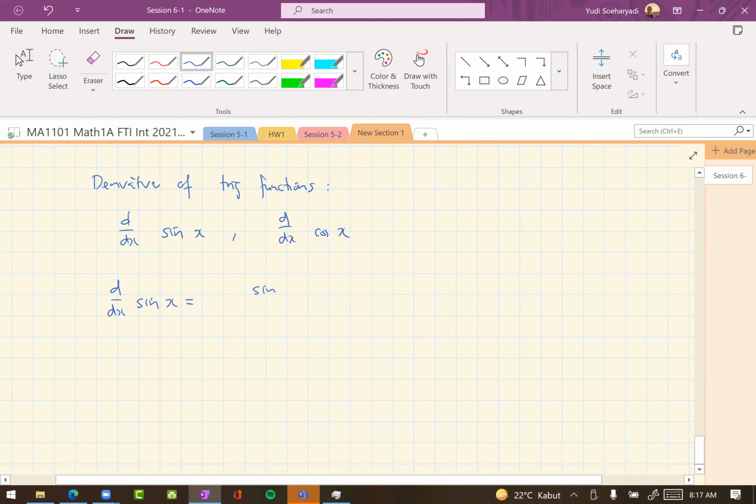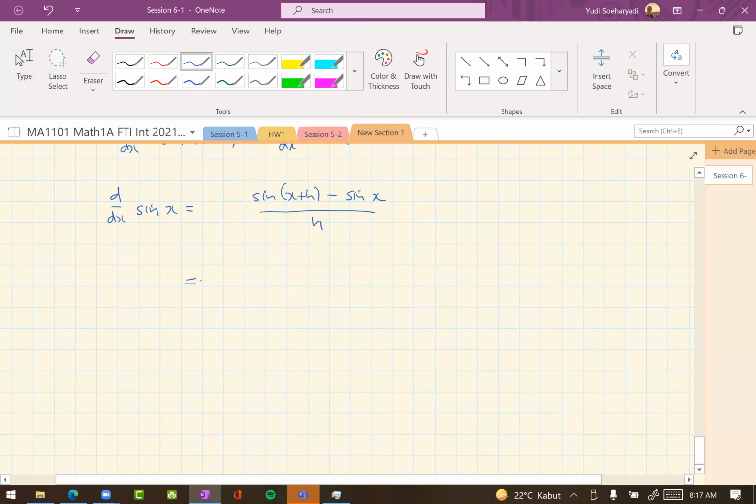Is this one. Okay, and just to rewrite the limit later, just compute this one. This is sine of sum.